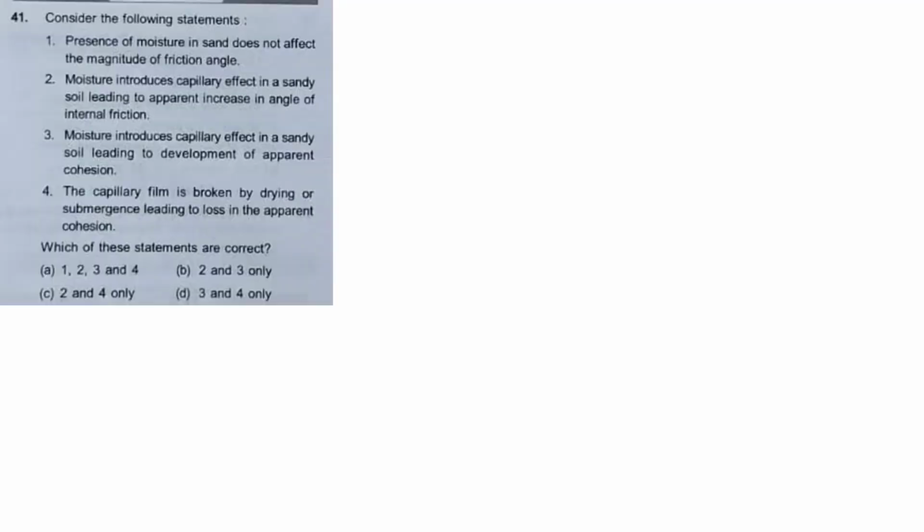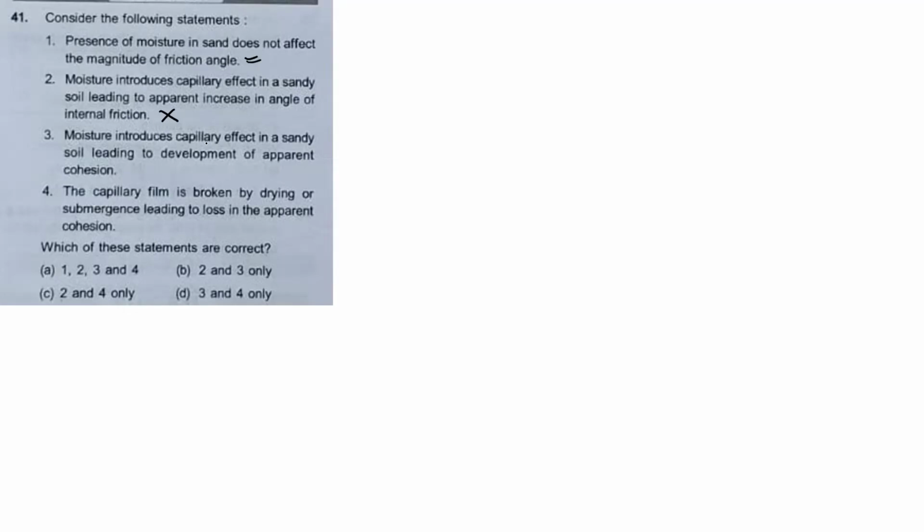Now question number 41. Consider the following statement. Presence of moisture in sand does not affect the magnitude of friction angle. Yes, this statement is correct. Now moisture introduces capillary effect in a sandy soil, leading to apparent increase in angle of internal friction. No, this is incorrect statement.